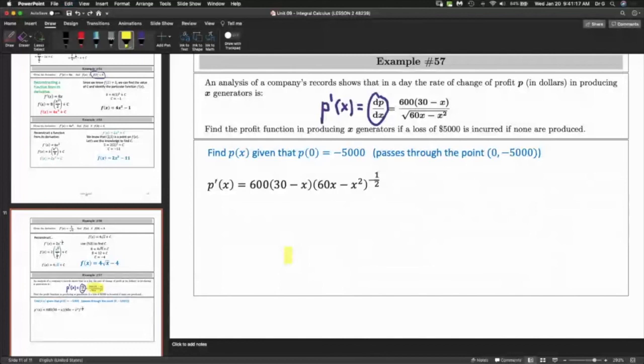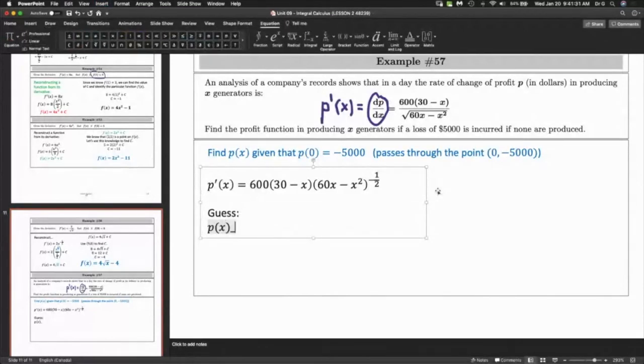So to do that, we're going to guess, because it's guess and check. So we're going to guess that P of X is equal to this. Whoops. That's what we're going to guess.